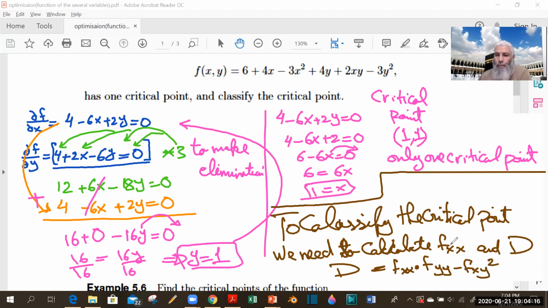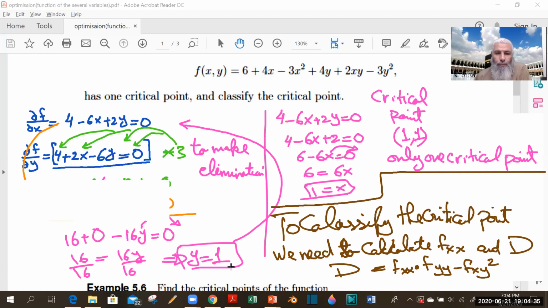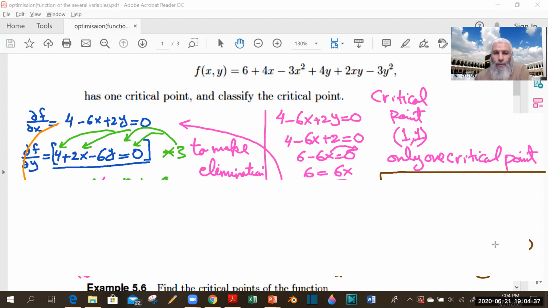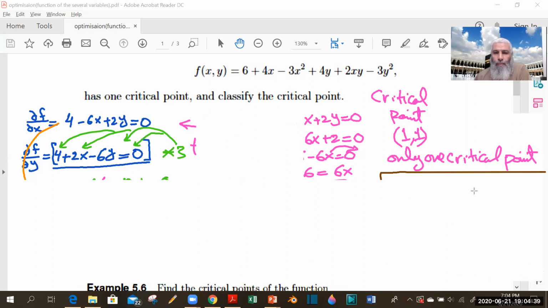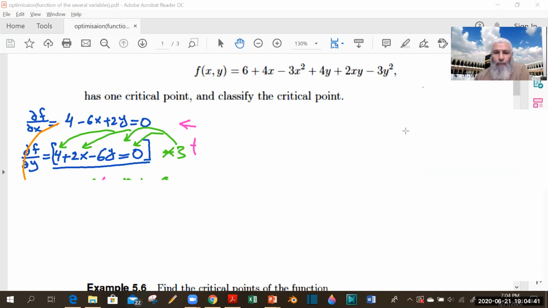From fxx and D, we can say whether this point is a maximum, minimum or saddle. So now we need to find some space. I think we can calculate here, right? Yes.